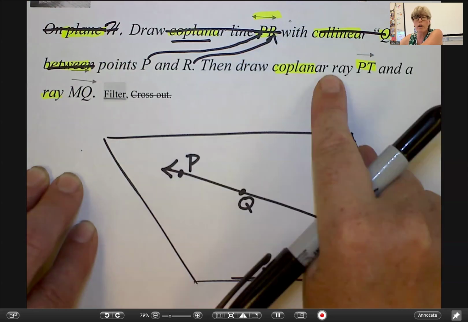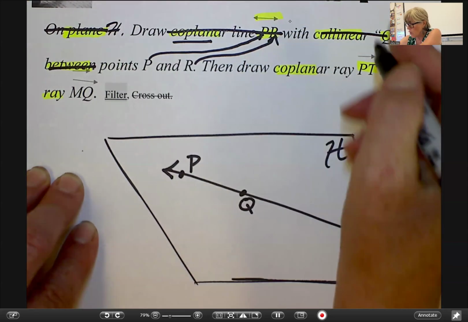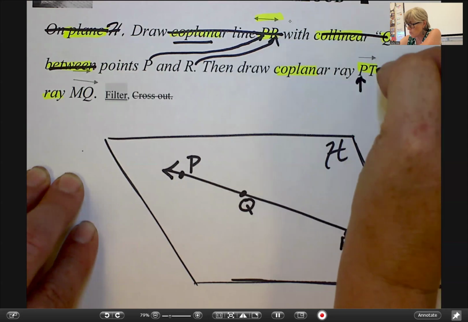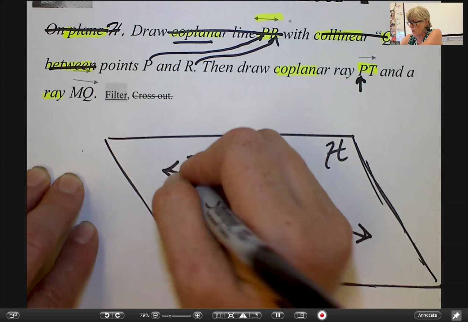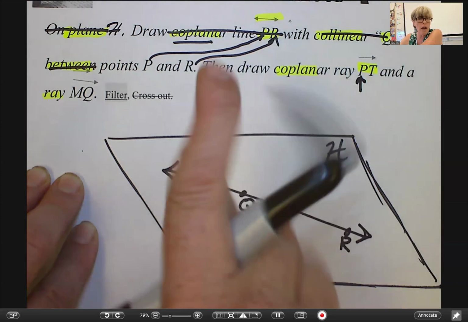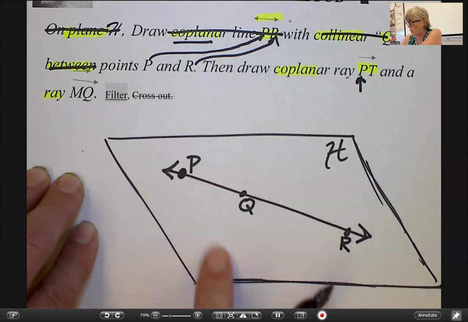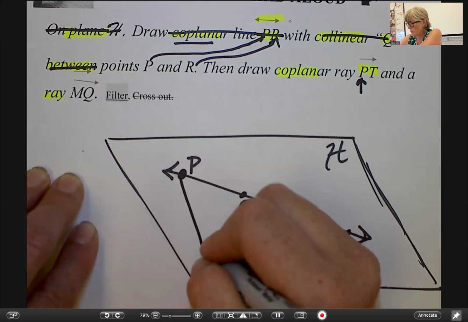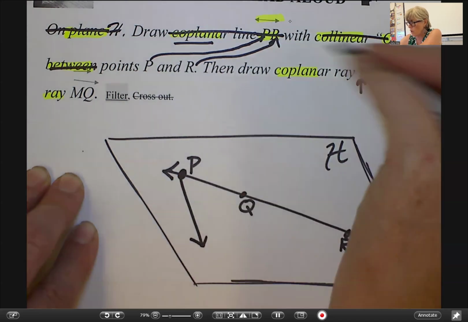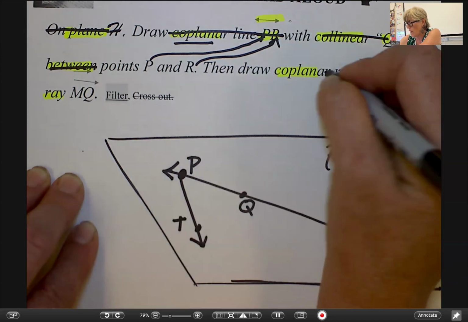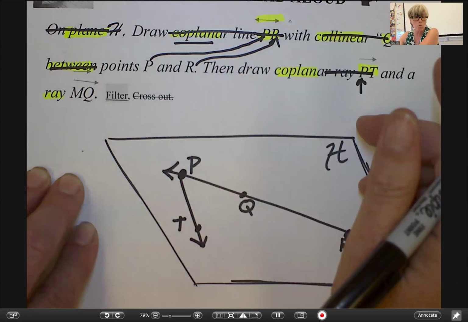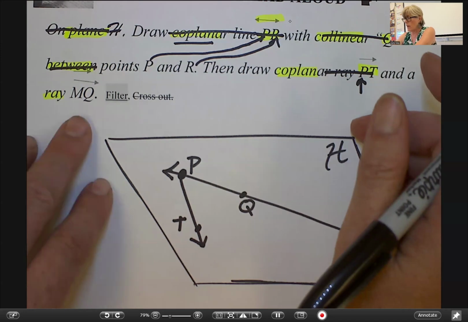Draw a coplanar ray, PT. Notice the P is the end point. T is an arrow. So P is the end point. It does not matter whether I go this way or this way, but it's coplanar, which means it's on the plane. PT, a ray, and MQ. Be very, very careful.